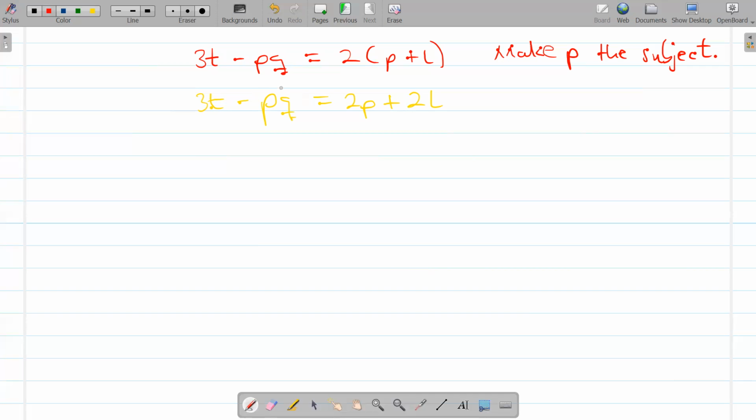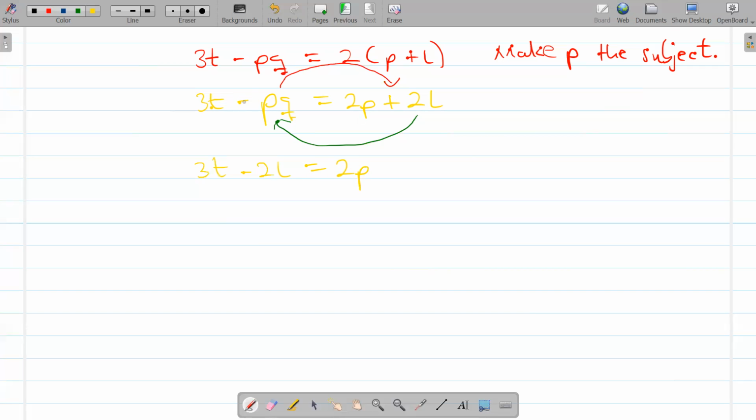Then I'll need to move the 2L to this side. So I have 3T now. If this 2L is coming to this side, this is positive. When it crosses the equal sign, it becomes what? Negative. Negative, yeah.